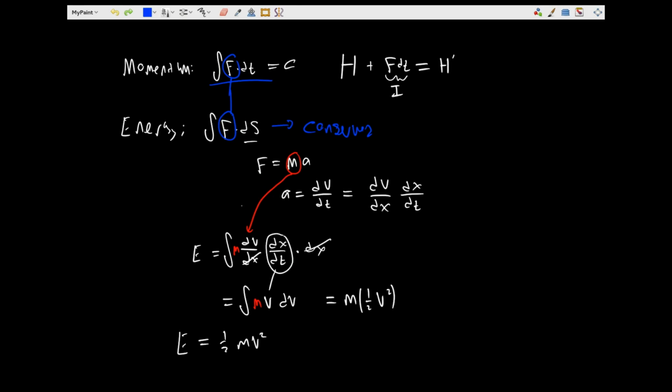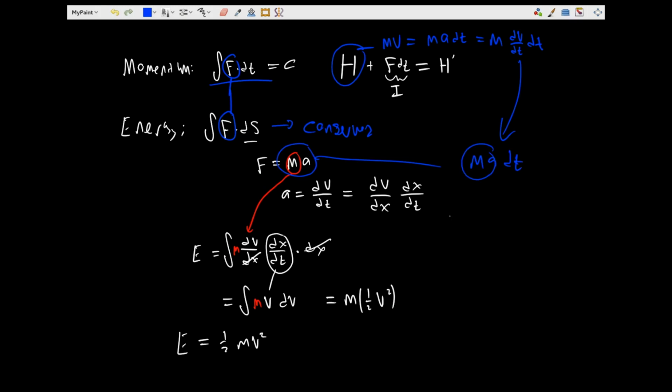We essentially start to see that our momentum, which is defined as mv, is equivalent to ma dt, or m dv by dt dt. Since we have this F equals ma, we can see that ma dt has a bit of a common factor there.